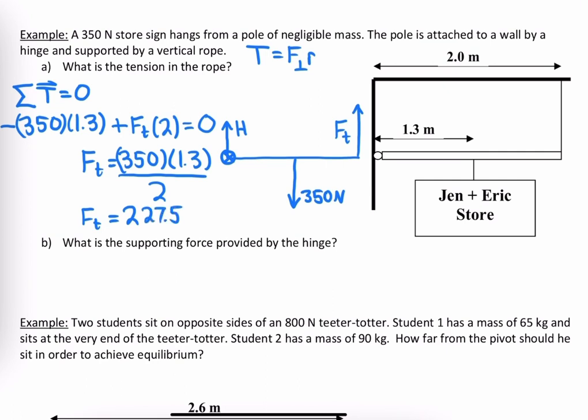Or if I round to 3 sig figs, I get 228 newtons.